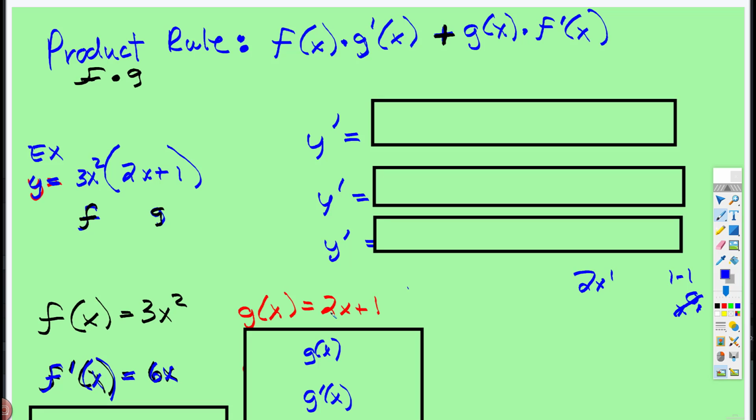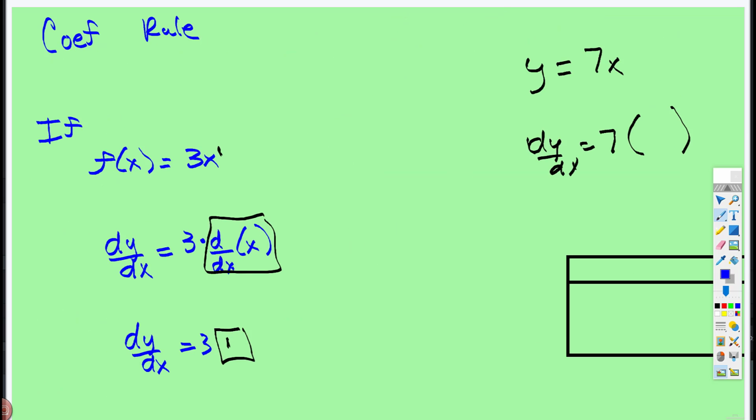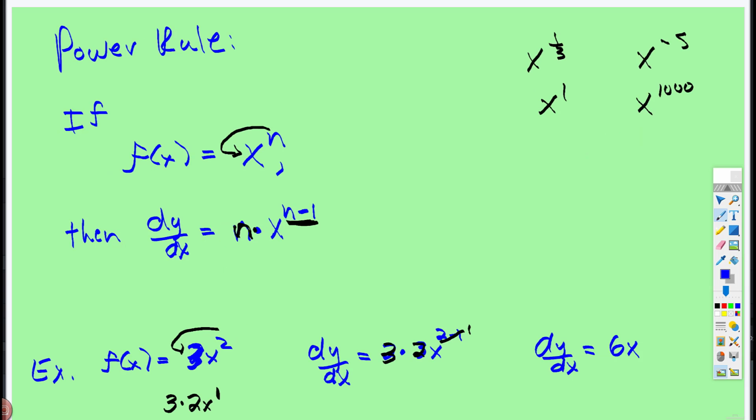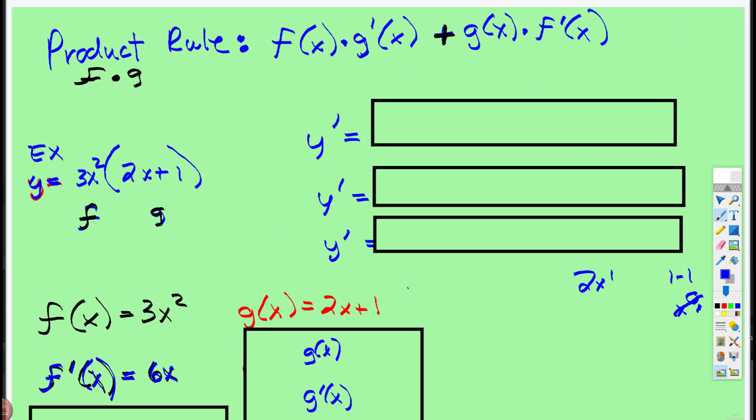So this coefficient rule, remember when I said back here, you're going to see that when it's just x to the first, the derivative of x to the first is 1. So the derivative of 2x is 2.